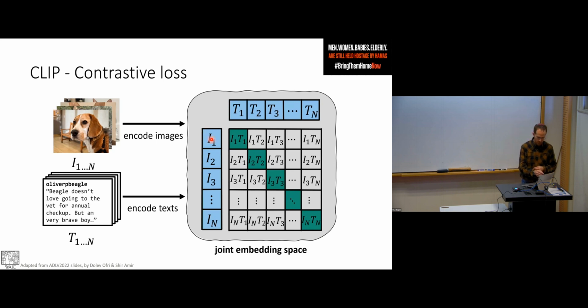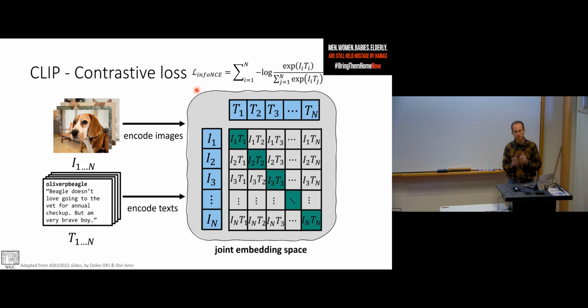So the first image needs to match the first text, the third needs to match the third, and so forth. So in the loss we want to increase the similarity on the diagonal and decrease it along the off-diagonal entries. And this can be done using this term that we saw earlier. It's a contrastive loss that brings together the similarity between text and images that are paired together and pushes away images and text that do not pair together.